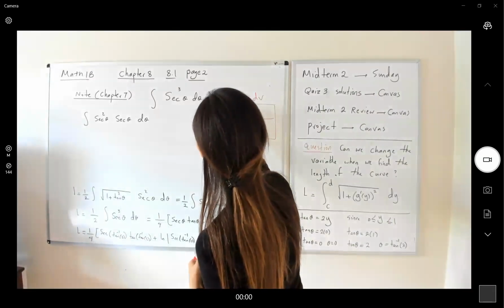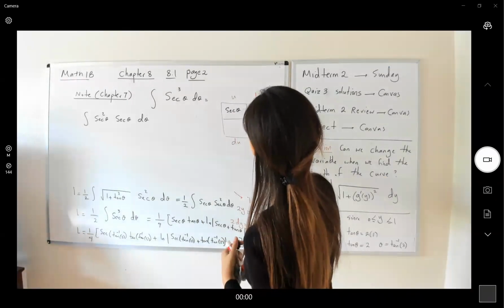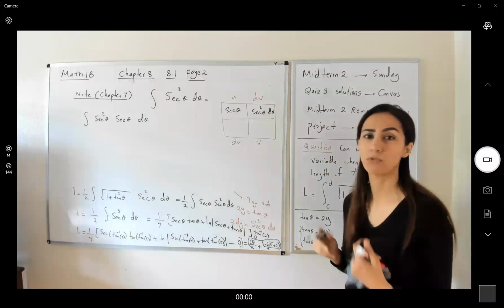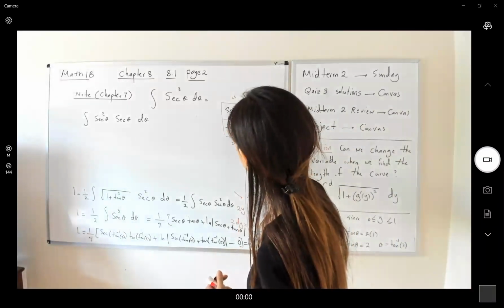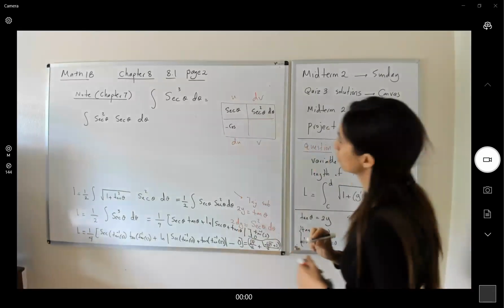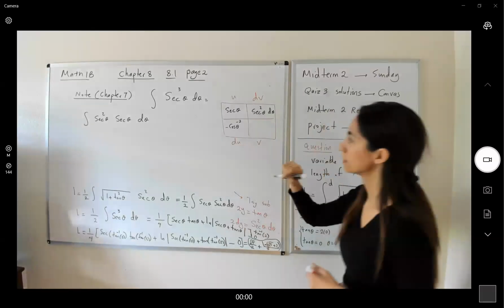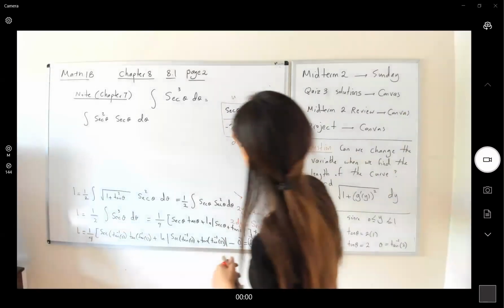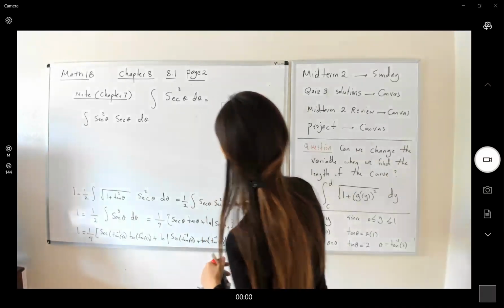U is secant theta, dv is secant squared theta d theta. So du, the derivative of secant, secant is 1 over cosine, so you get negative cosine theta raised to negative 2, and the derivative of cosine is sine, so you get plus sine theta.